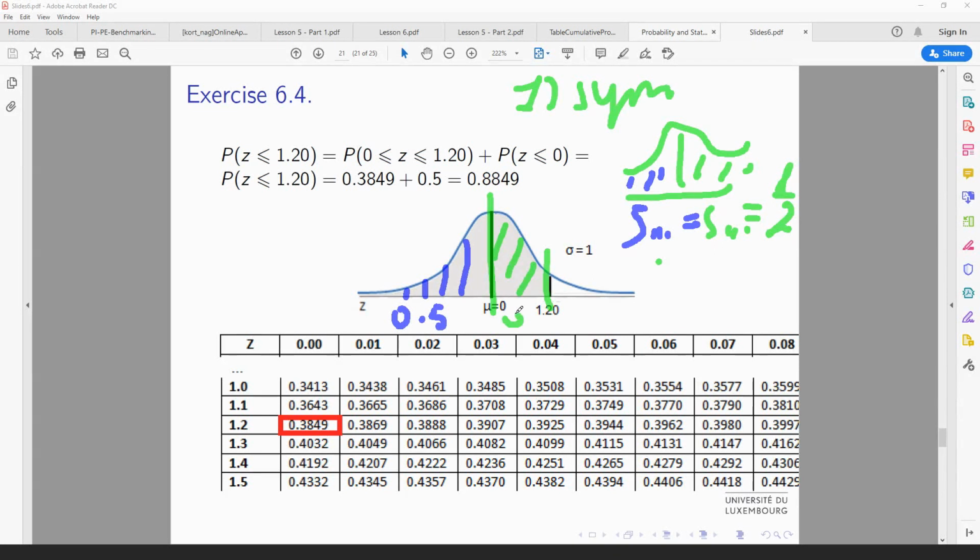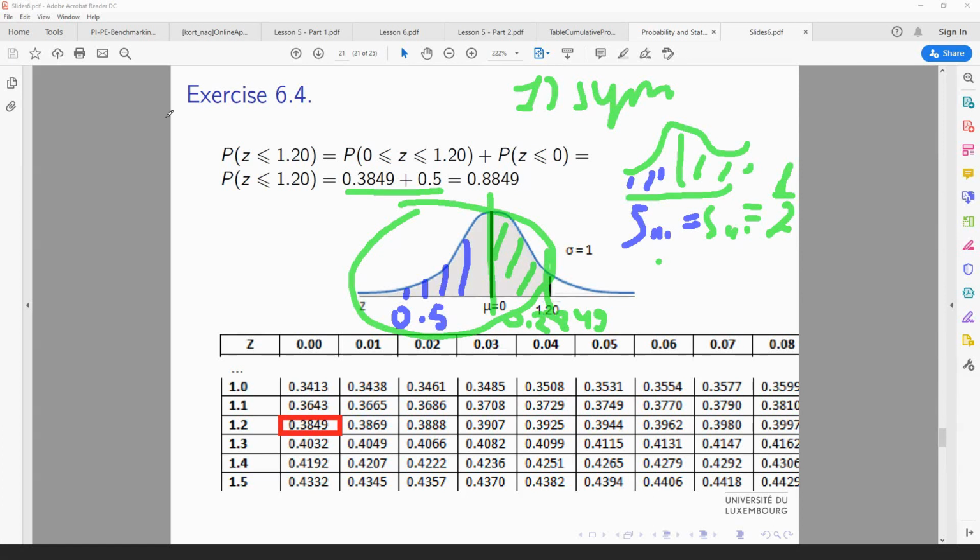It is equal to 0.3849, and the total area is equal to the sum, as you see on the slide. So the total area is equal to 0.88.